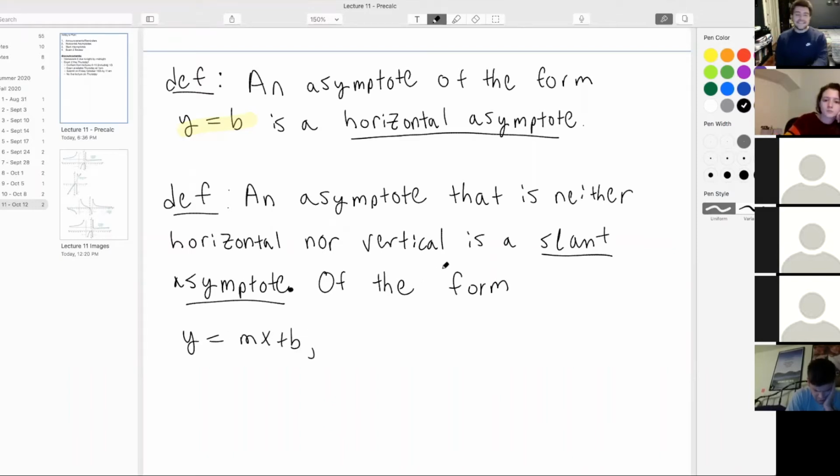But since it's not horizontal or vertical, we need to stipulate that the slope is not 0. Because if m was 0, it would fall under the definition of horizontal asymptote. So a slant asymptote is a line with non-zero slope. All right, so let's attach pictures to these definitions. What do these things look like?